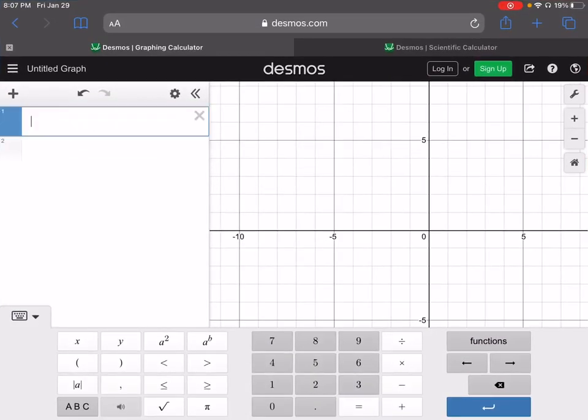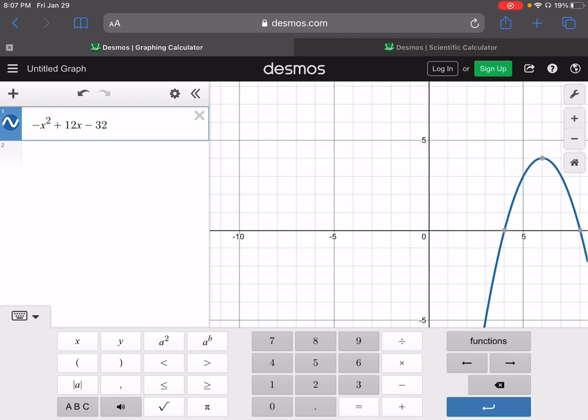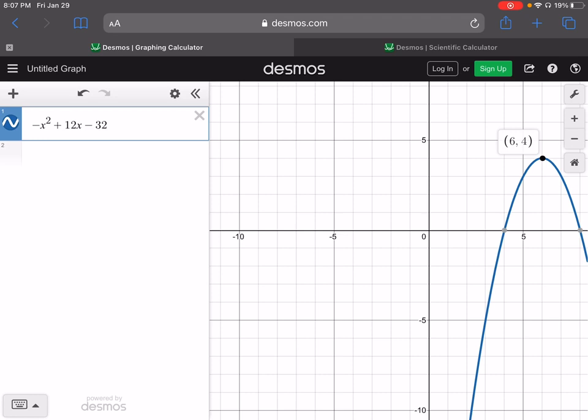Let's get rid of that multiplication we did and put in this function: negative x squared plus 12x minus 32. There it is. Now, what we need from this graph is its vertex. 6, 4.